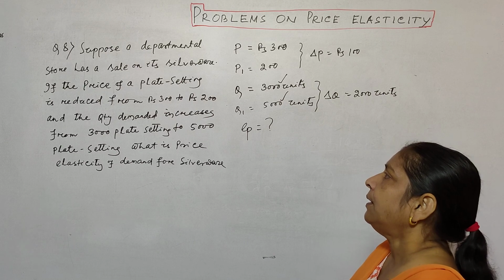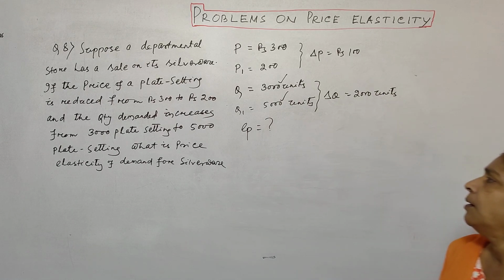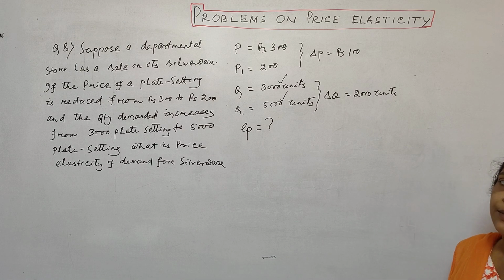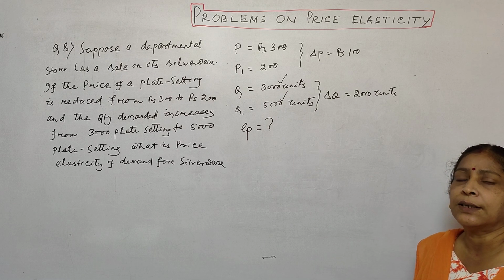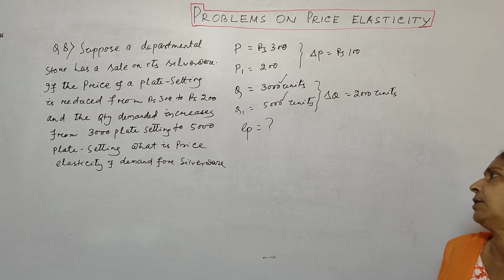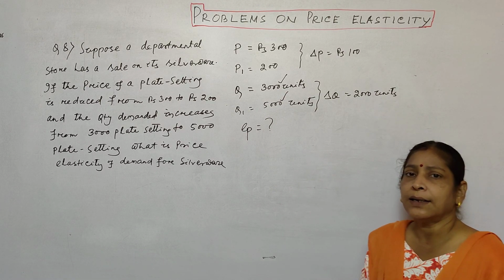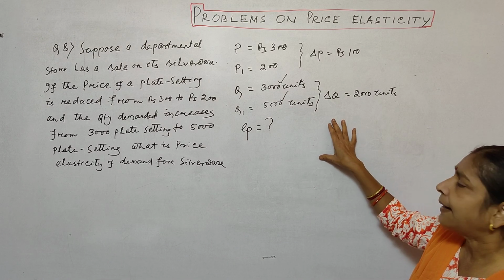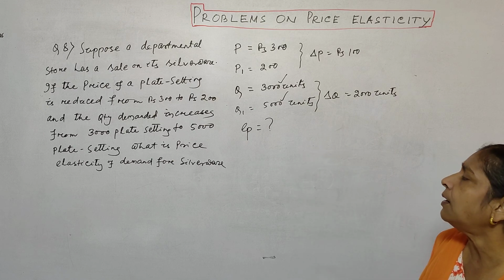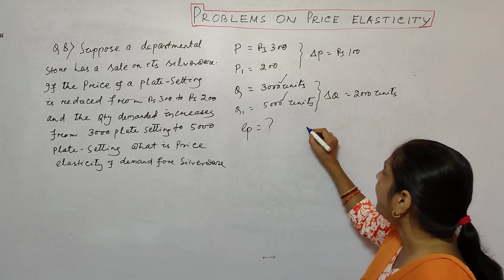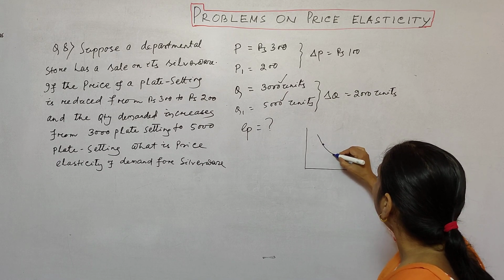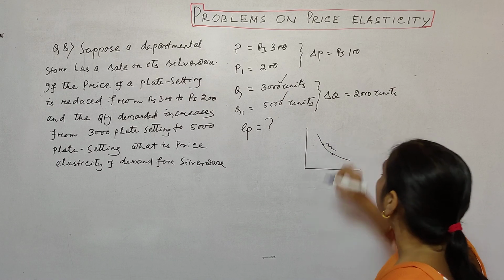We know that if there is a comparatively large change in price and quantity demanded, we have to follow another method, that is the arc elasticity method. We know that in the arc elasticity method there is a range in between the two points of an arc.